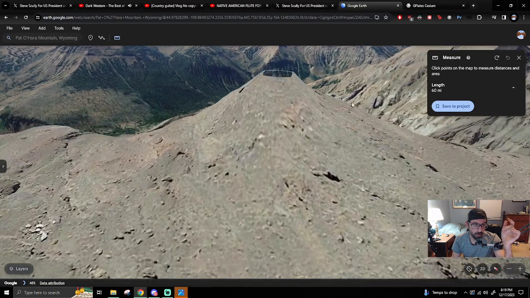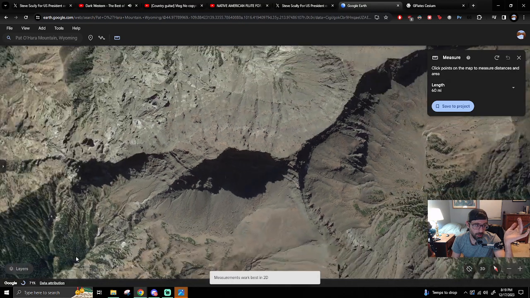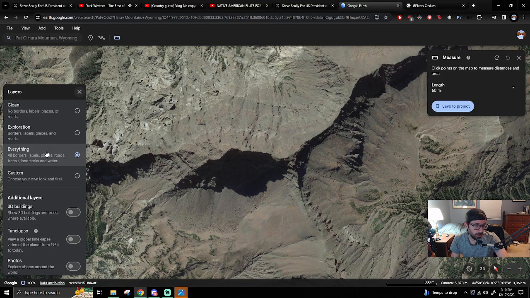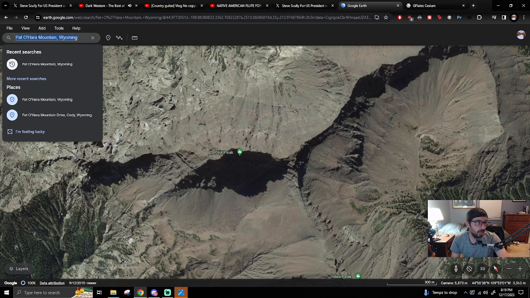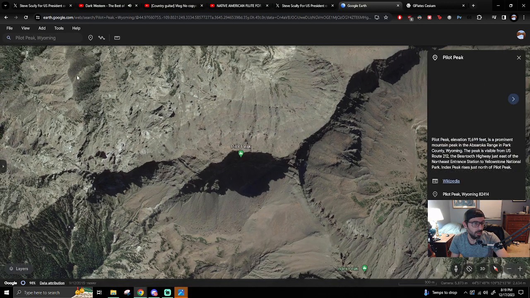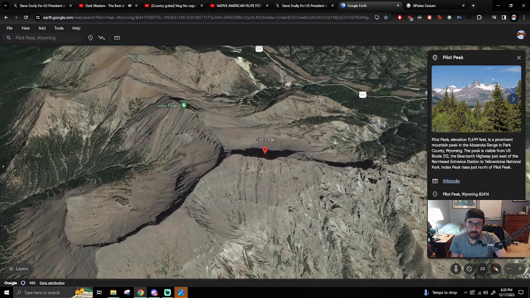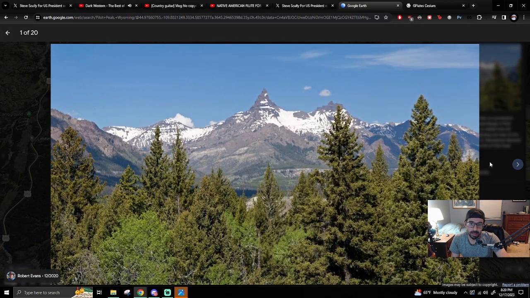Is this it? Even though it doesn't look like it on this map. Let's see if I put everything. Pilot Peak. That's probably it. Pilot Peak. Yeah, that's it. That's it, alright.